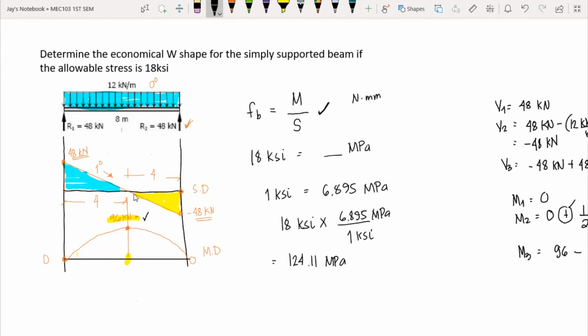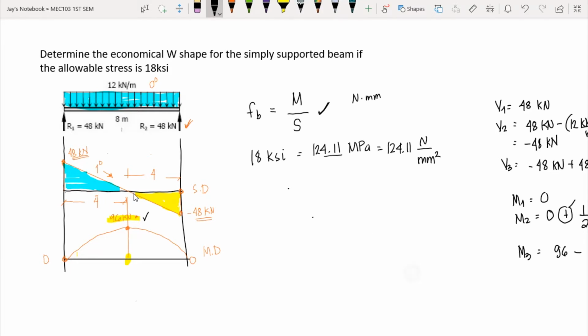Again, why we need to convert this into MPa is since our moment and shear values are in terms of Newton and meter. So we have 124.11 MPa, or this is 124.11 Newton per square millimeter.